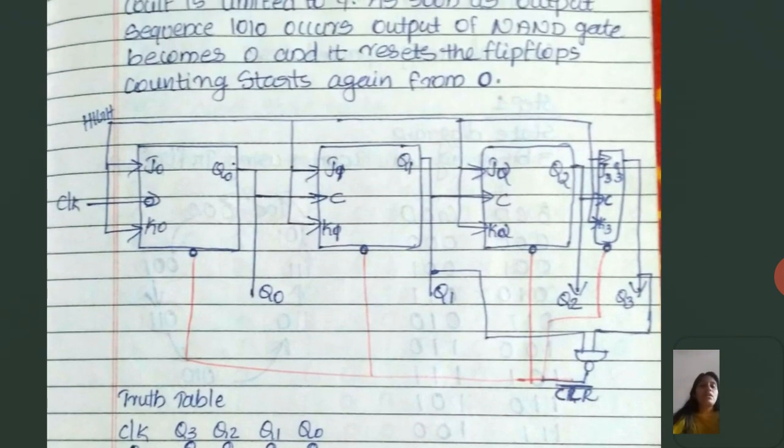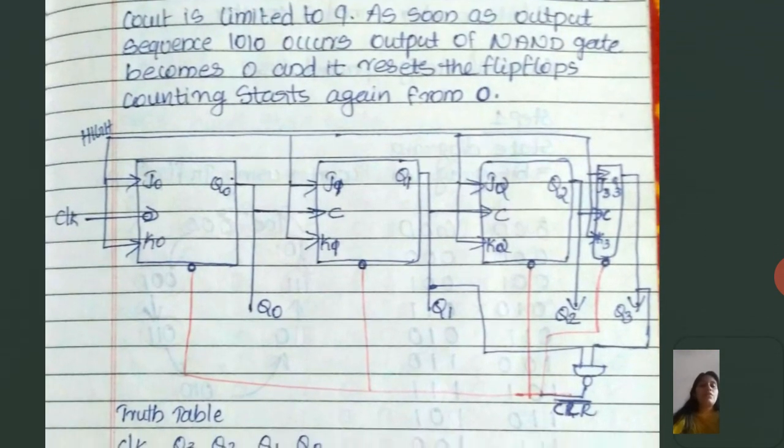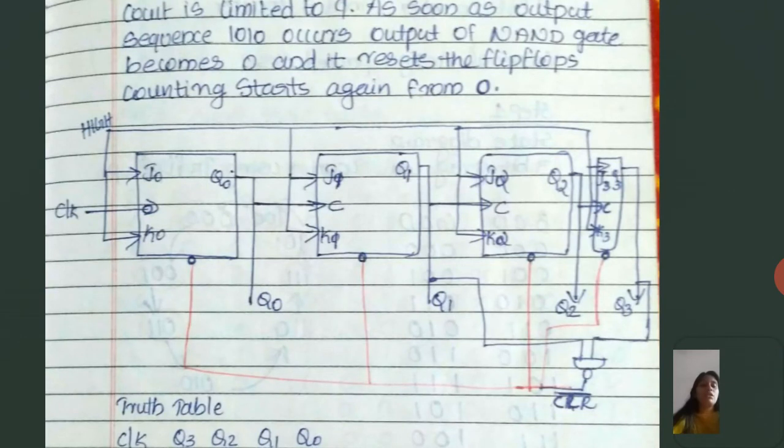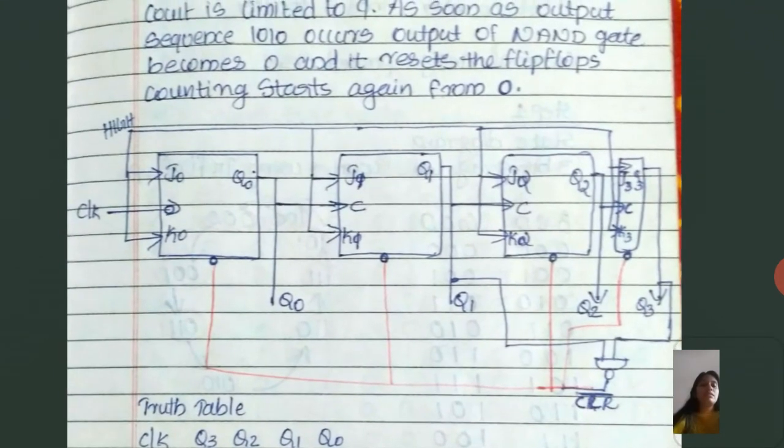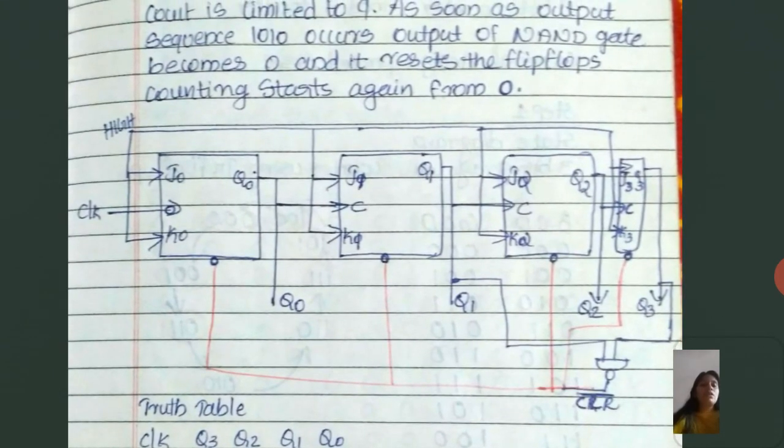Okay, you can see 1010 is the combination. Representing it in terms of variables, Q3 will be 1, Q2 will be 0, Q1 will be 1, Q0 will be 0. You can see Q3 and Q1 are 1.